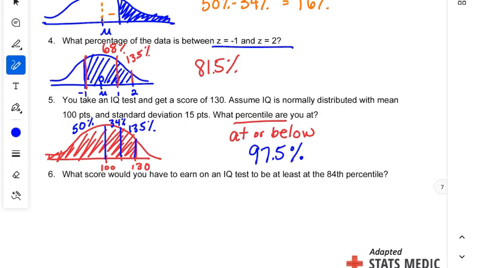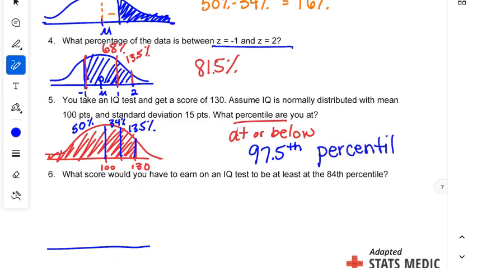Okay, number 6. What score would you have to earn on an IQ test to be at least the 84th percentile? Oh, by the way, don't put percent. We need to say 97.5. So like 98th percentile. Okay, just need to fix that real quick.